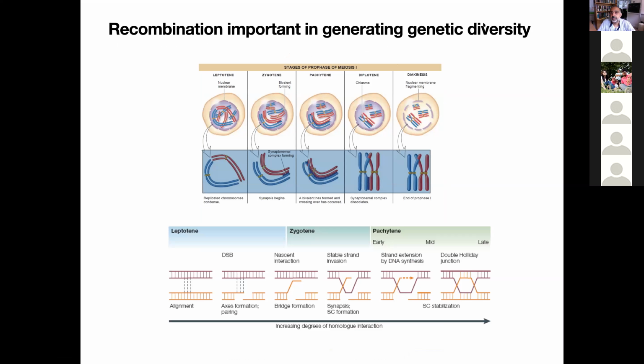So as well as the reductive cell division, we're also having recombination between chromatids during prophase of meiosis 1.